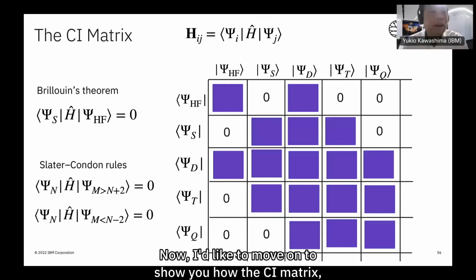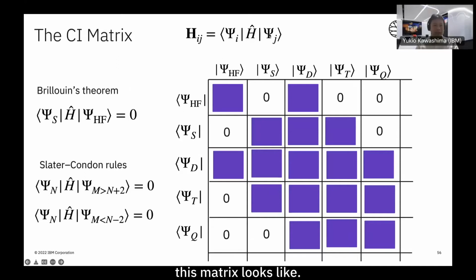Now I'd like to show you what the CI matrix looks like. Here we have the Hartree-Fock Slater determinant, the single excitation determinant, the double excitation determinant, triple and quadruple. And I also have the Hartree-Fock determinant and the single, double, triple, and quadruple excitation determinants here.